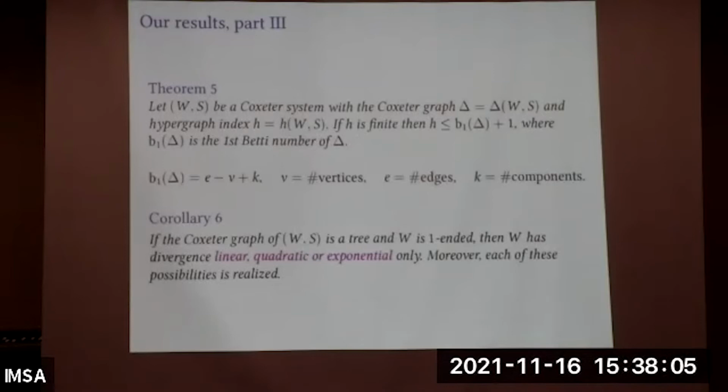Another piece of our results relates the hypergraph index with the Betti number. We look at the Coxeter graph, and the Betti number is the number of edges minus vertices plus the number of components, or the rank of the first homology.